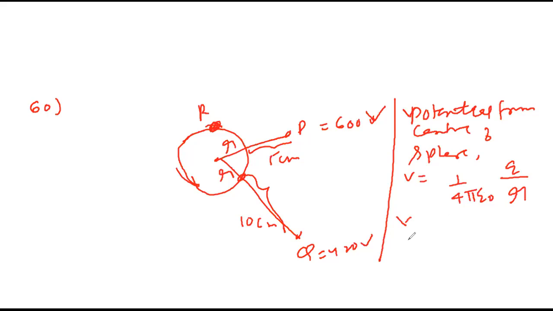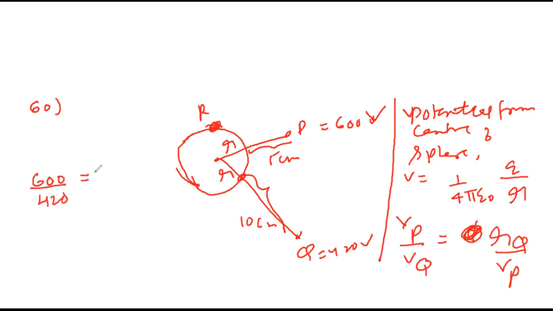So V at P upon V at Q is distance RQ upon RP. VP is 600, VQ is 420, RQ will be radius plus 10 and RP will be radius plus 5. This line clear? Yes, sir.